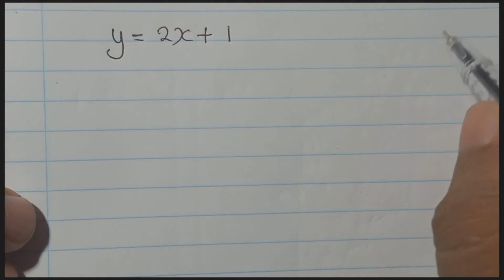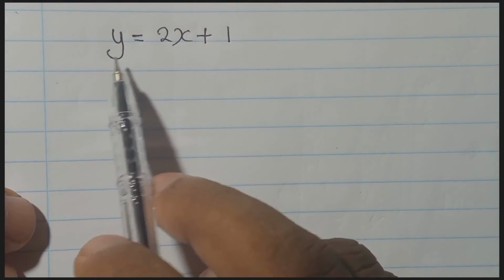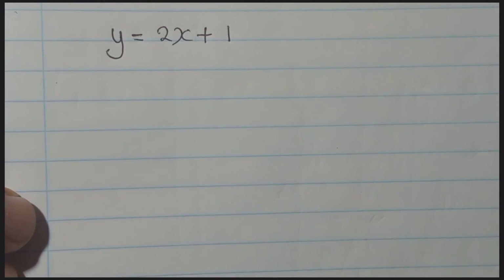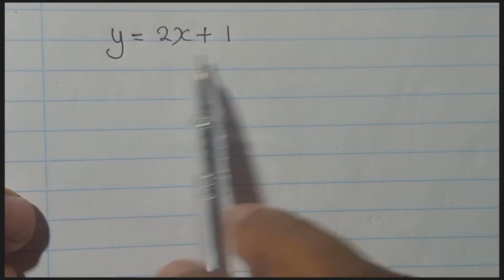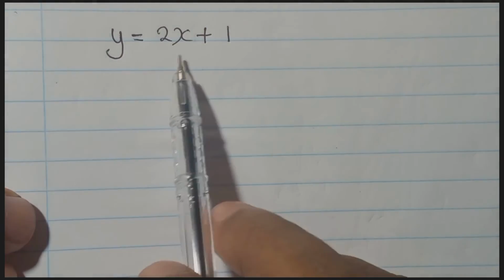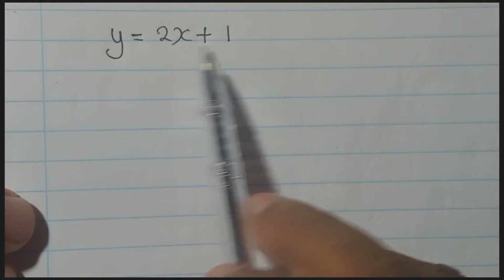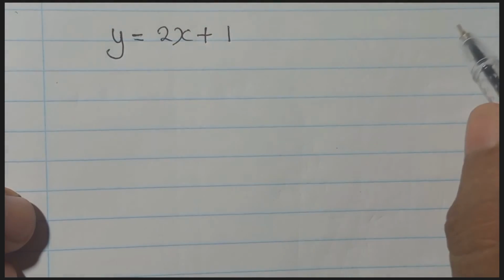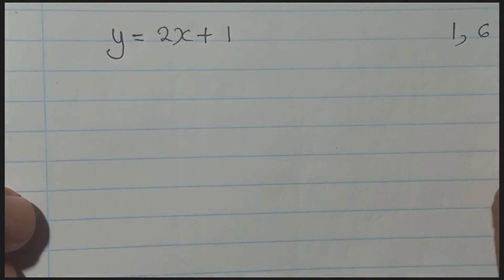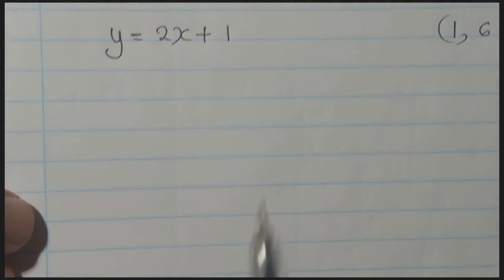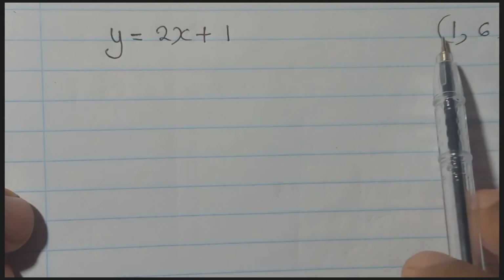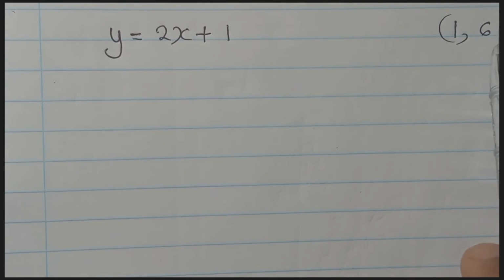For example, line S is parallel to this line and passes through, let's say, 1 comma 6. And now they ask what is the equation of line S.